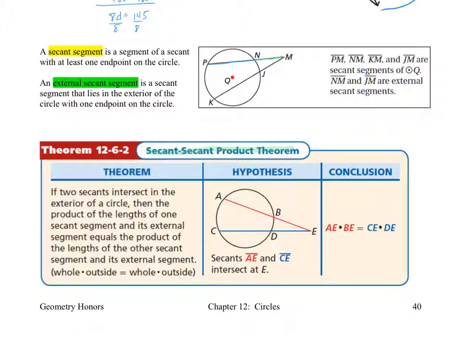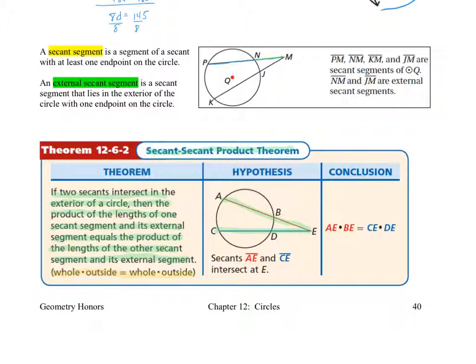This says if two secants intersect in the exterior of a circle, so they're intersecting outside of the circle, here they are, intersecting at point E, then the product of the lengths of one secant segment and its external segment equals the product of the lengths of the other secant segment and its external segment. And it's summed up nicely right here. Whole times outside equals whole times outside.